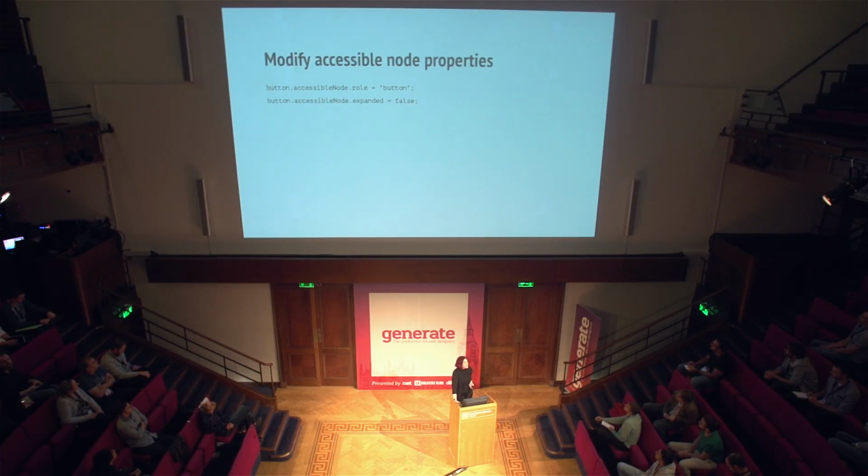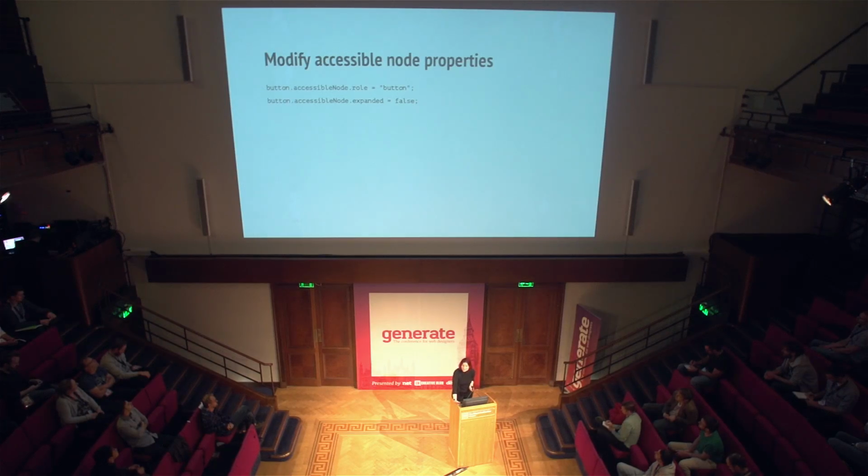But then what we can do is start using the AOM. So we now skip the DOM entirely and start manipulating the information in the accessibility tree directly. For each of the DOM nodes that we've got references for, we can now grab the accessible nodes from the accessibility tree. So they're corresponding pieces of information in the accessibility tree. We can start setting some information on them.